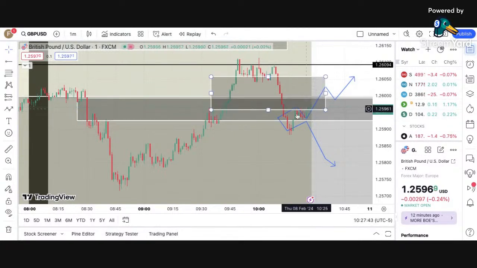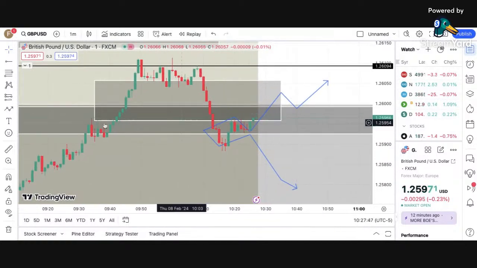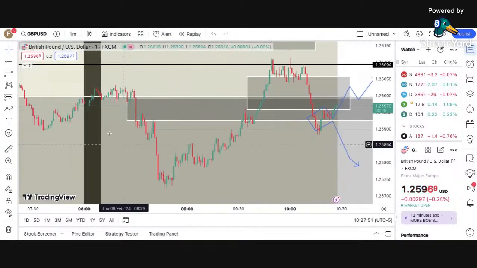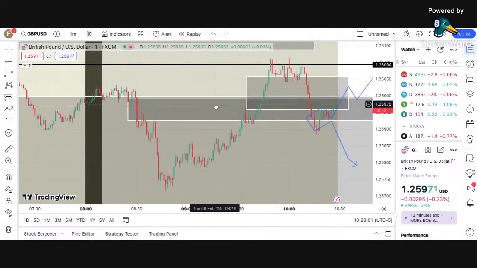What would this market do up here? Let's see, change the structure here. So we see the sale.